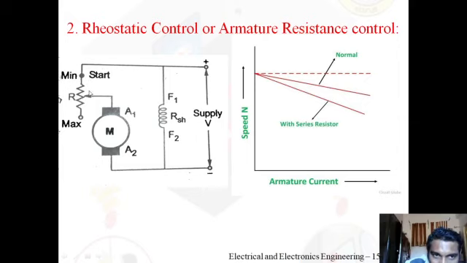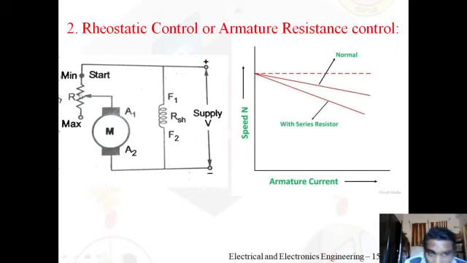Whenever resistance is added, I will get the third graph, the one with series resistor. That means at no load the speed is no problem, it is the rated speed. Whenever the rated voltage is applied, the rated speed will come into the picture. As the value of resistance is increased, more voltage drop takes place in the armature circuit.